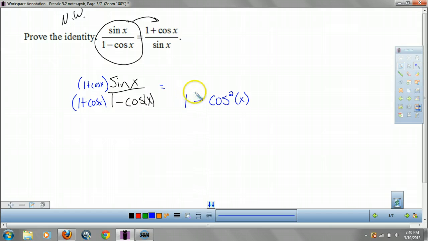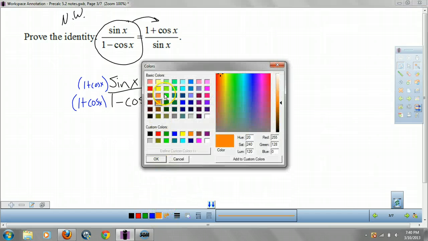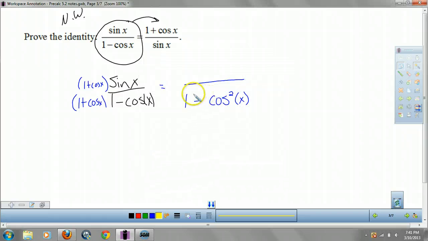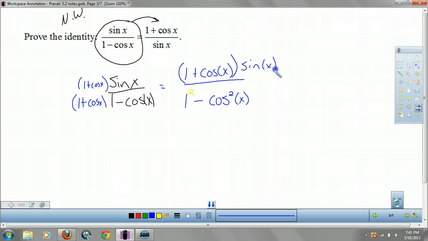Equals 1 plus a cosine of x, all that times sine of x. Okay.